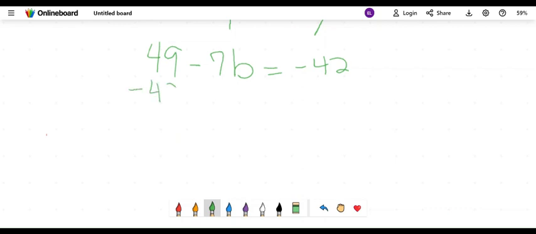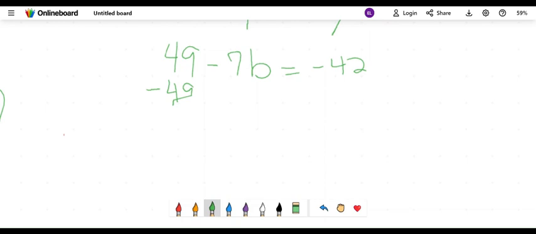Negative 49 cross. We'll bring down negative 7b equals negative 42 minus 49, which we have to add because they have the same signs.